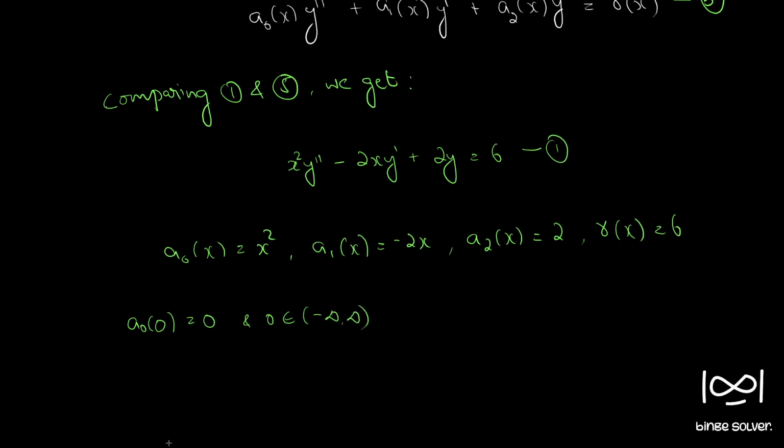So the condition for the uniqueness theorem fails here. For the uniqueness theorem, a0(x0) should not be equal to 0 for any x0 element of the interval defined. So we cannot apply the uniqueness theorem and claim the solution is unique.